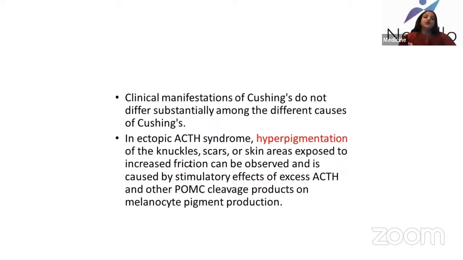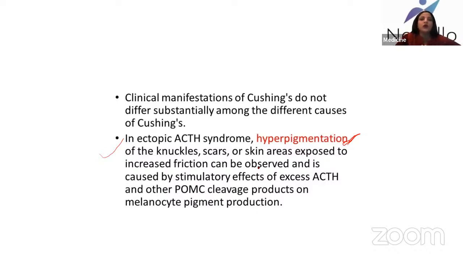Then clinical manifestations of Cushing's do not differ substantially among the different causes of Cushing's. But then again, this question has been asked so many times. In ectopic ACTH syndrome, that means there is an ACTH producing tumor somewhere in the body, hyperpigmentation of knuckles, scars, or skin areas exposed to increased friction can be observed and is caused by the stimulating effects of ACTH or other cleavage products on melanocyte pigment production.